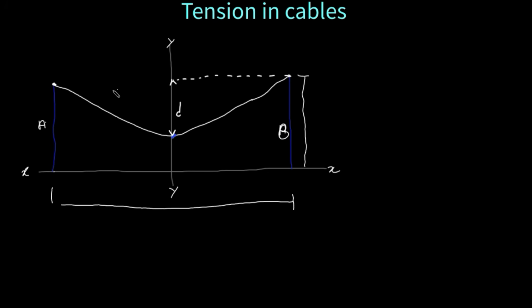We can tell that by the sag. The distance from this part to this part we are going to label D. It's called the sag. It will be the sag of the cable below the top part of the tower.